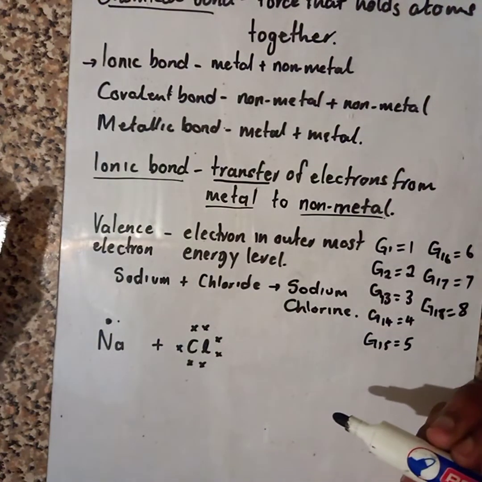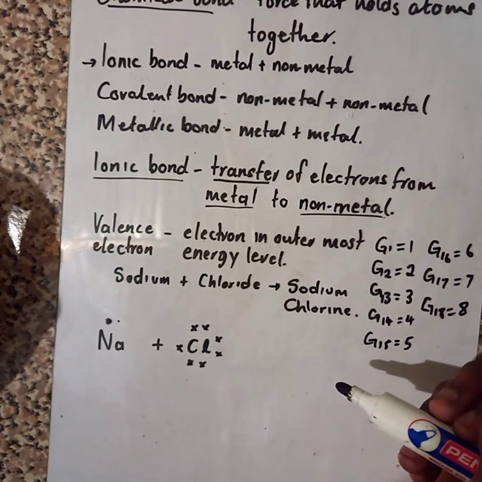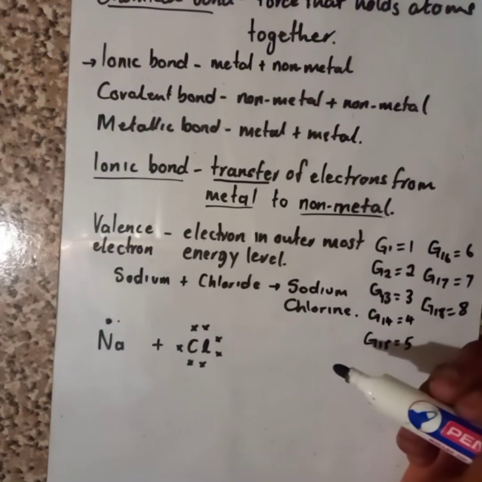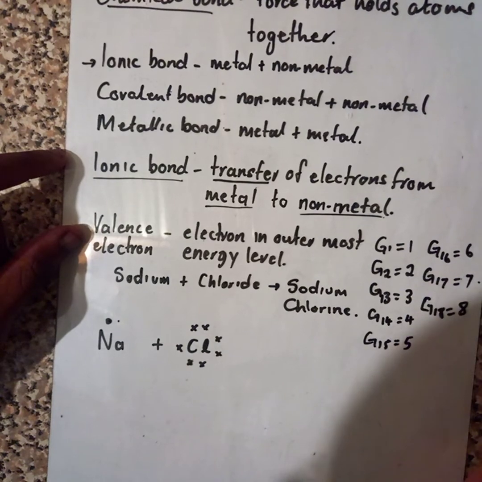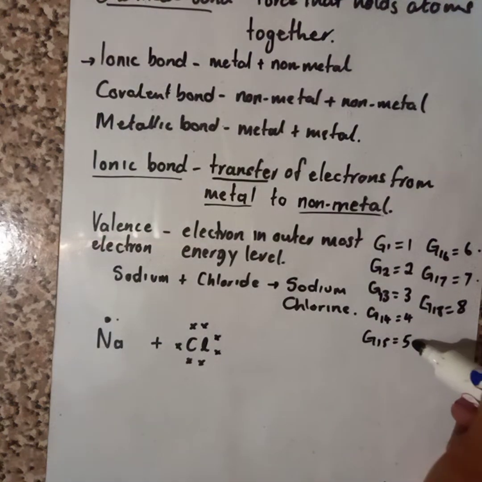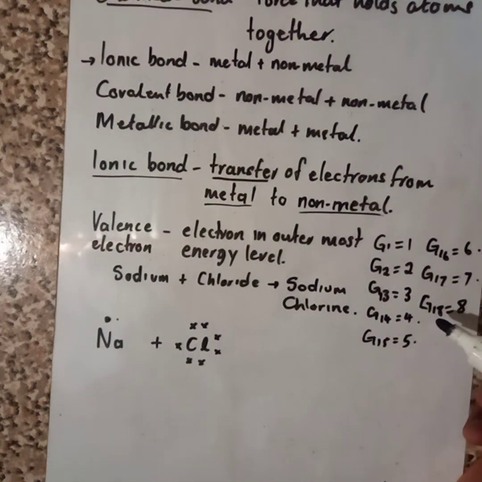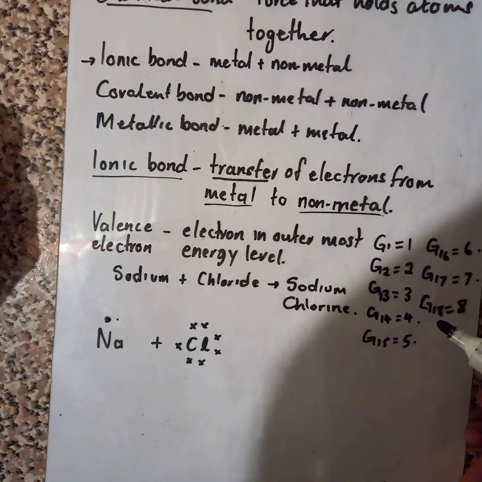And by the way, almost the elements in group 7 as well as 6, 5 and 4, they have to fulfill an octet rule.